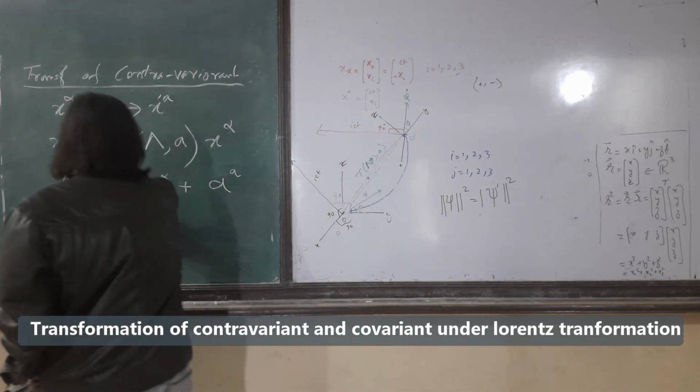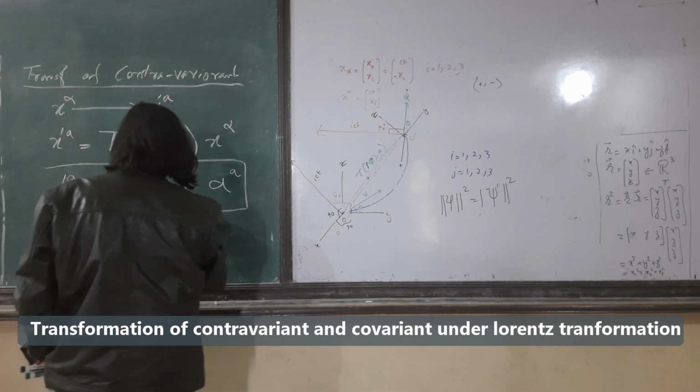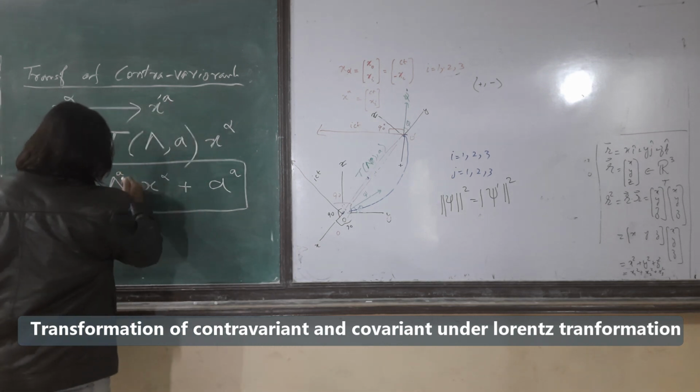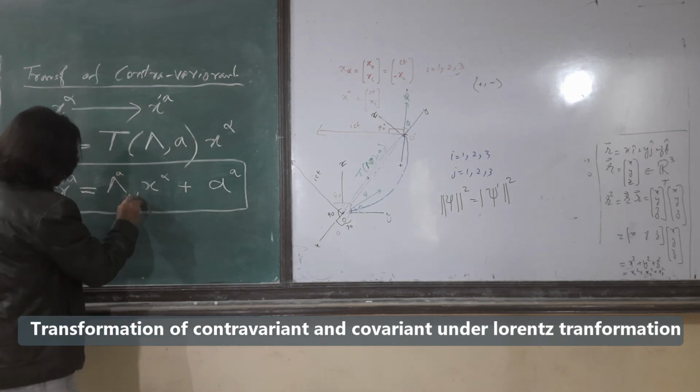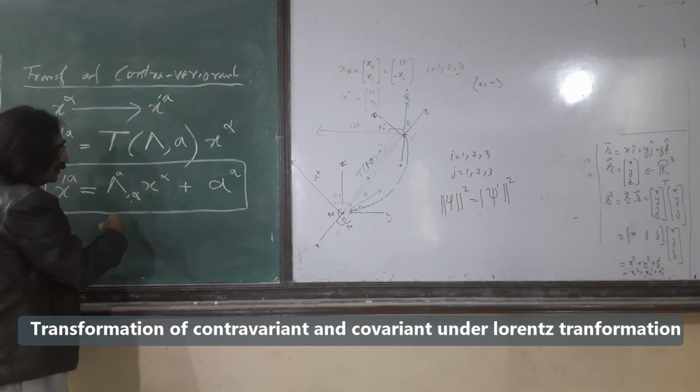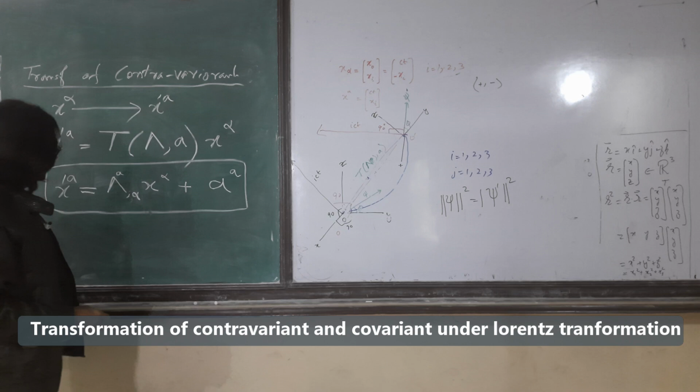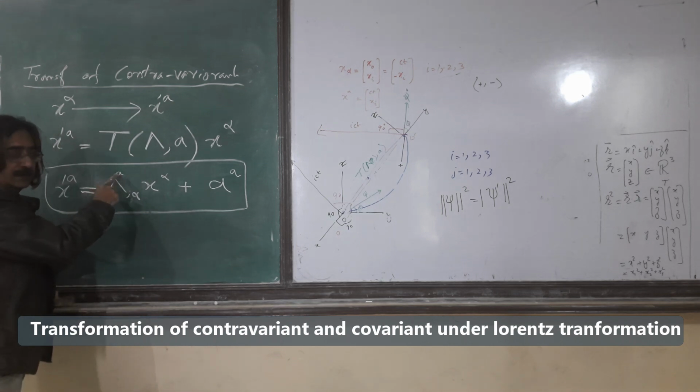So alpha is contracting with this alpha, yes, this A. This rotation has two indices. Okay, one is contravariant, one covariant.